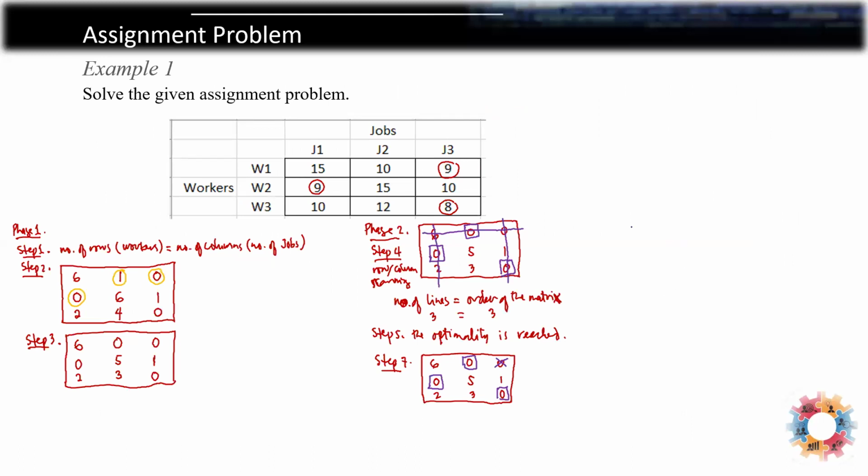Okay, so in step number 8, let's copy the original table.